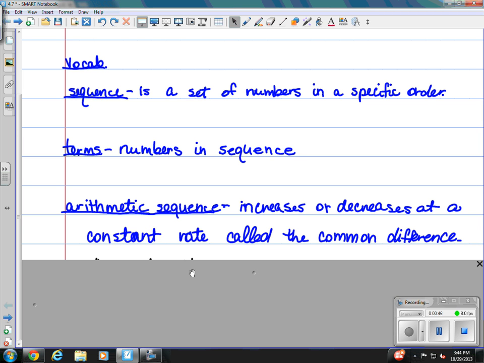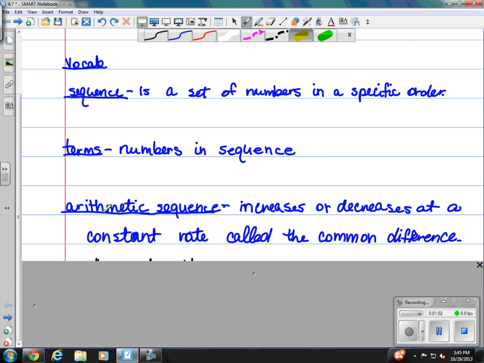And then we move on to the arithmetic sequence. It says the arithmetic sequence increases or decreases at a constant rate, called the common difference. So here's the big part to take away from the arithmetic sequence: it's going to increase or decrease at a constant rate.